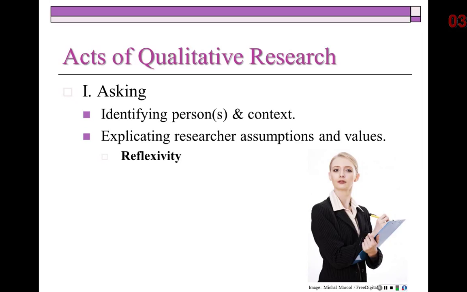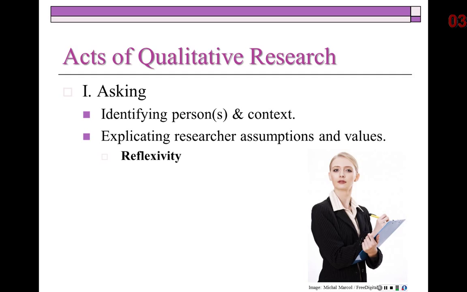So you're really defining what your research question is, who's going to assist you in answering that question, what context is best in answering that question, so which community, and you're also identifying which assumptions and values that you're bringing to the table when you are conducting your research, right?